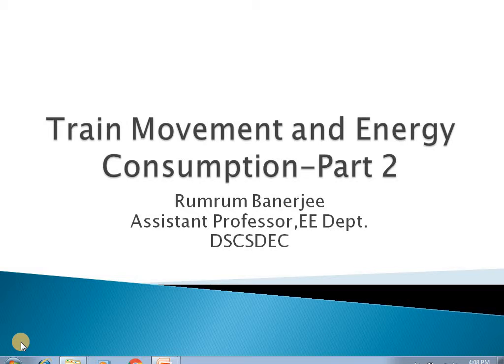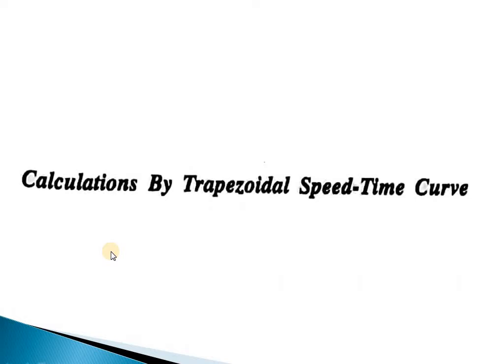In this lecture, we will focus mainly on these mathematical calculations, and understand how speed, distance, and timing can be calculated using mathematical formulations. So in this lecture, we will see mainly the calculation by the trapezoidal speed time curve.